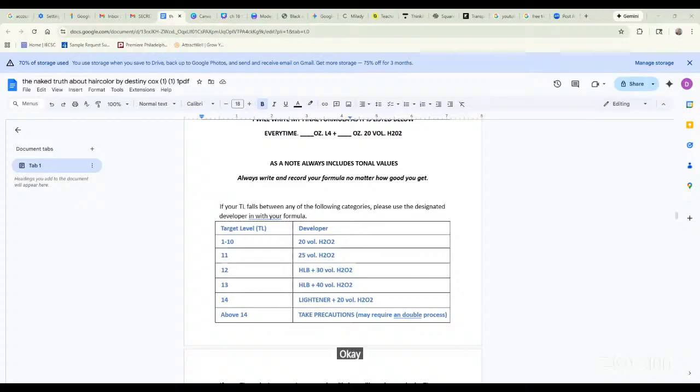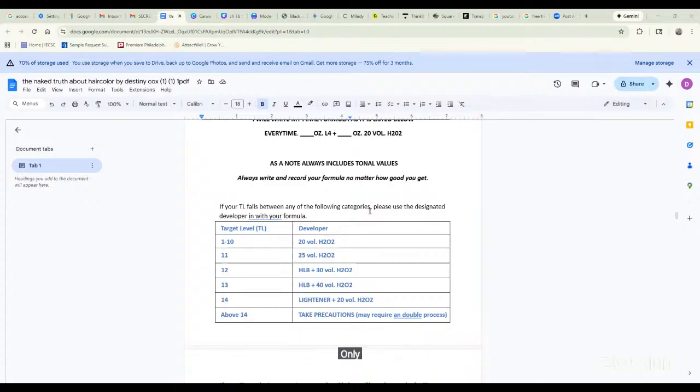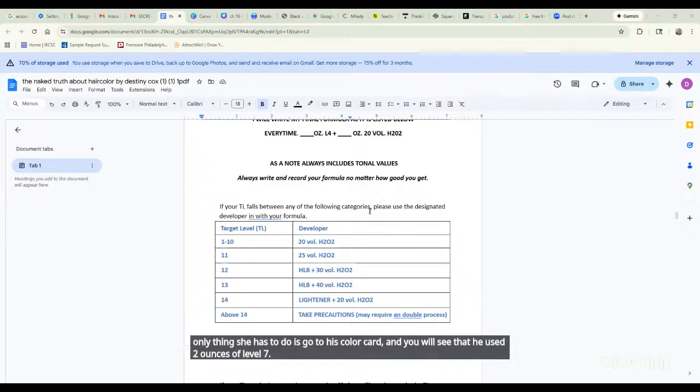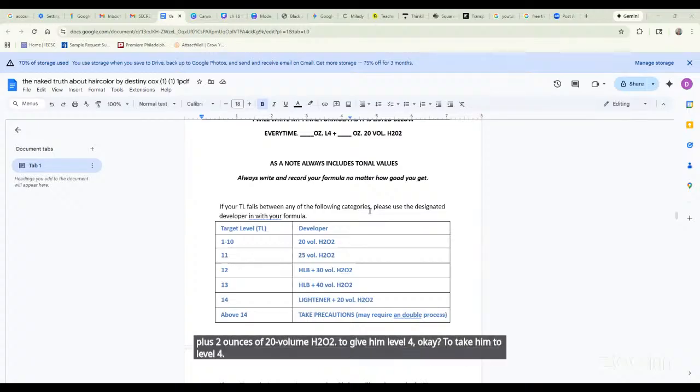If you look in the chat, this is how you'll write your formula. If Indiana does Mr. Ted today, and next month Tara does Mr. Ted, and she has to redo the color, the only thing she has to do is go to his color card, and you will see that he used 2 ounces of level 7 plus 2 ounces of 20 volume H2O2 to take him to level 4.